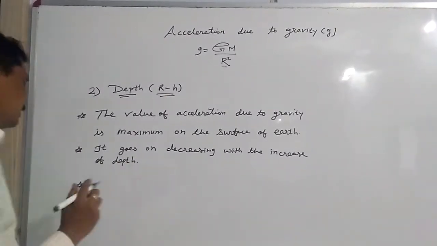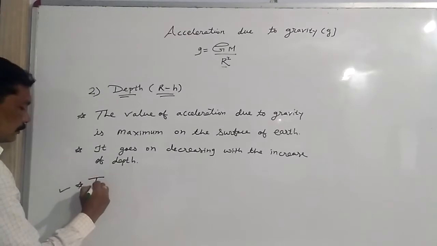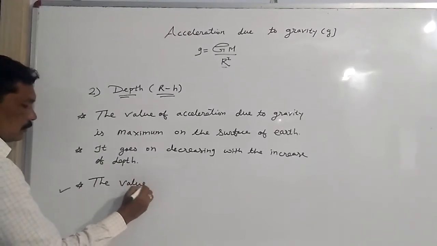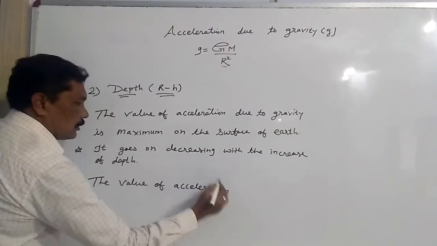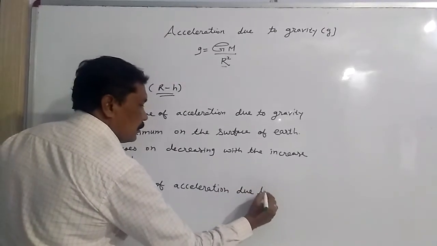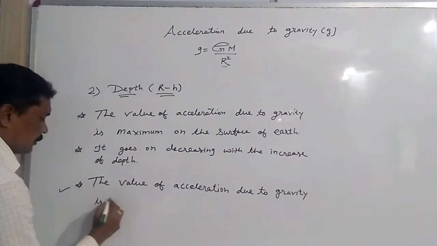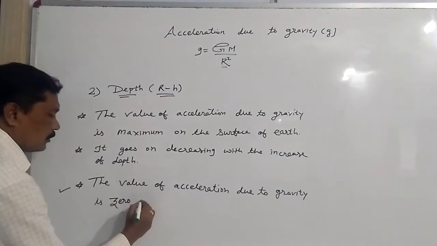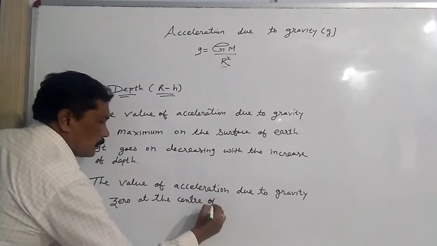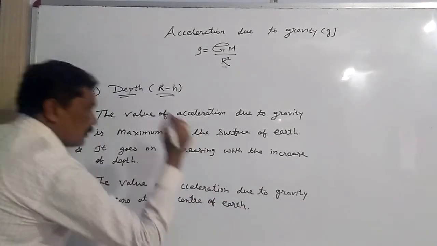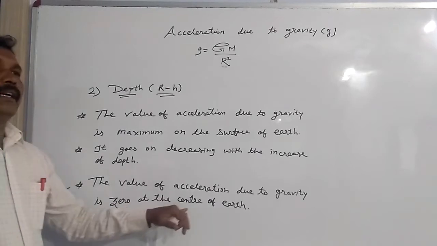And the last, which is most important, the value of acceleration due to gravity is 0 at the center of the earth.